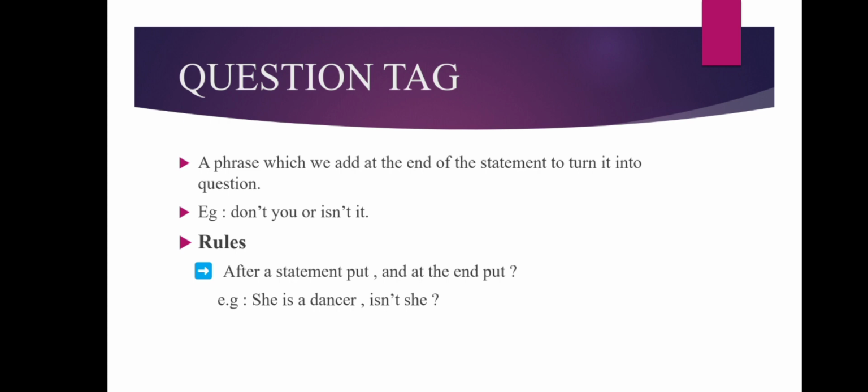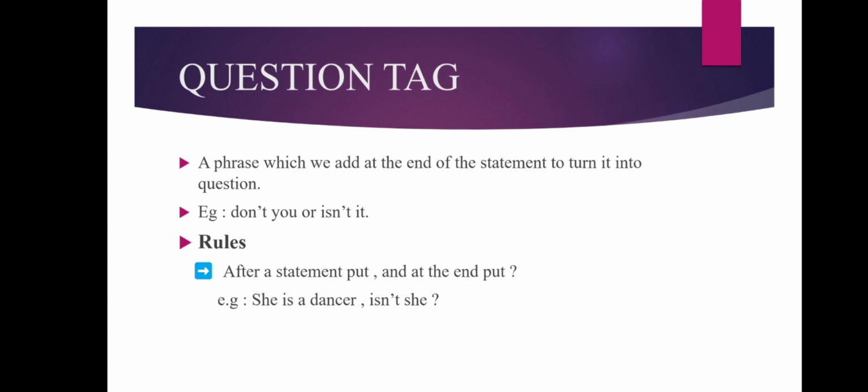Now let's get into certain rules of question tags. The first rule is after a statement, put a comma, and at the end put a question mark. They will provide you with a statement. For example, I have given you: she is a dancer. She is a dancer is a statement.